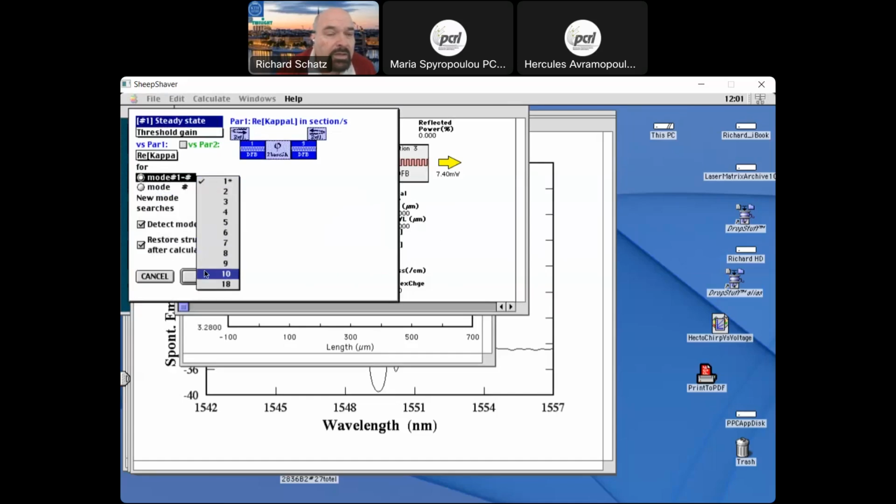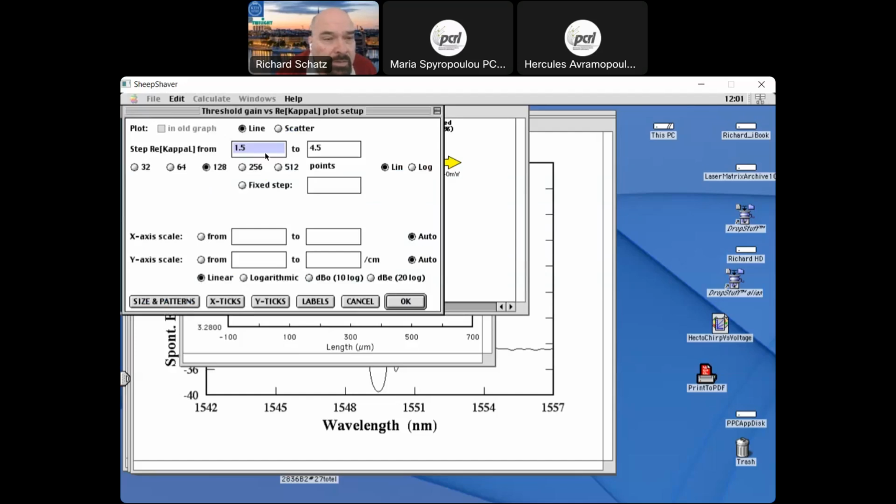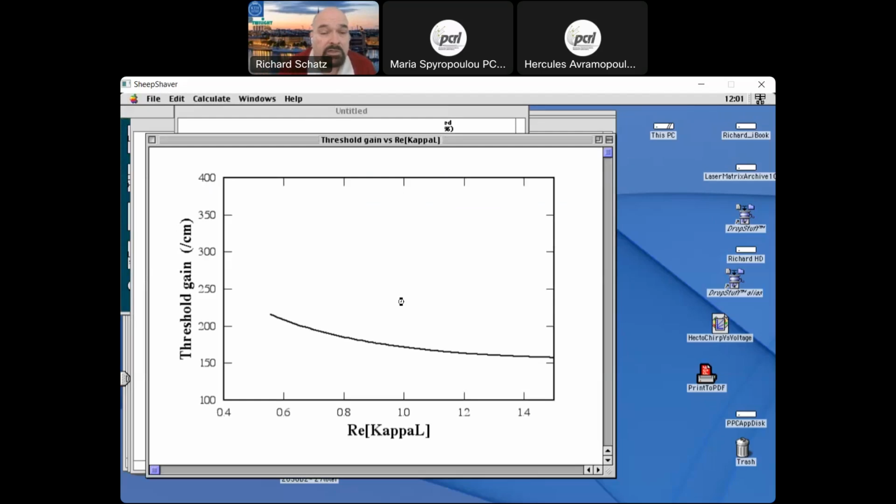So, yeah, and then we can see here, I change the coupling coefficient to something lower. So I go from 1.5 per section to 0.34 per section or something like that. And then we see here where we get the larger gain margin.